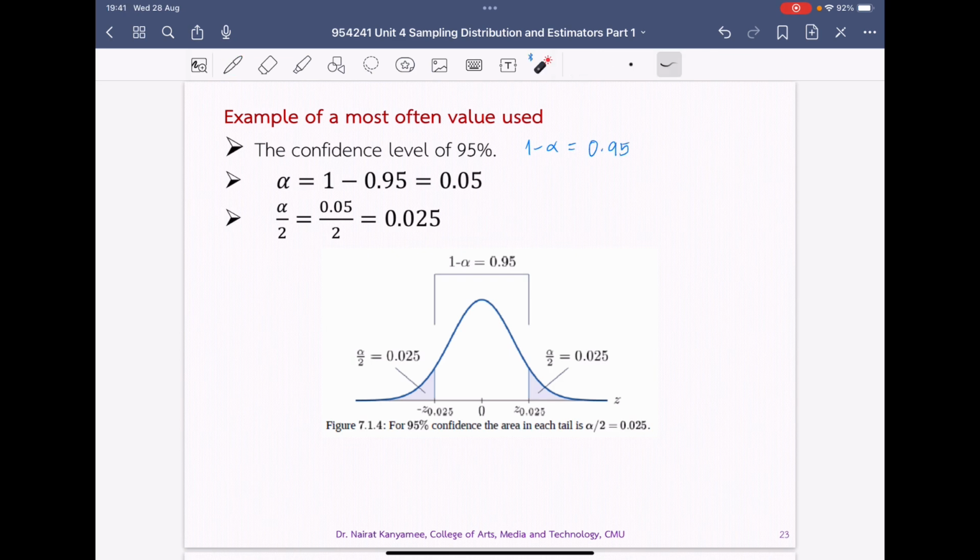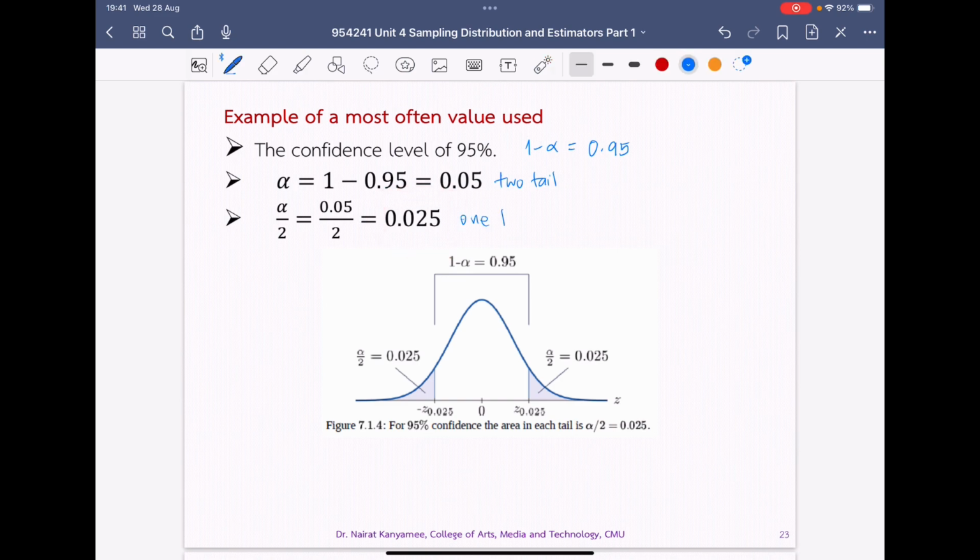So alpha is 1 minus 0.95, which is 0.05. So this is a two-tail test, and half of this is going to be 0.05 divided by 2, you get 0.025.